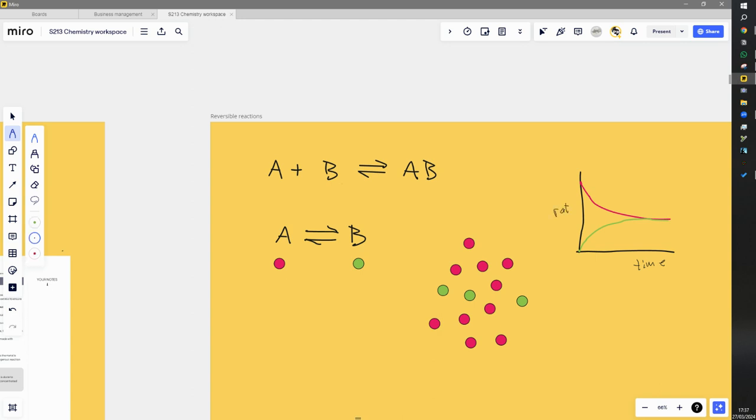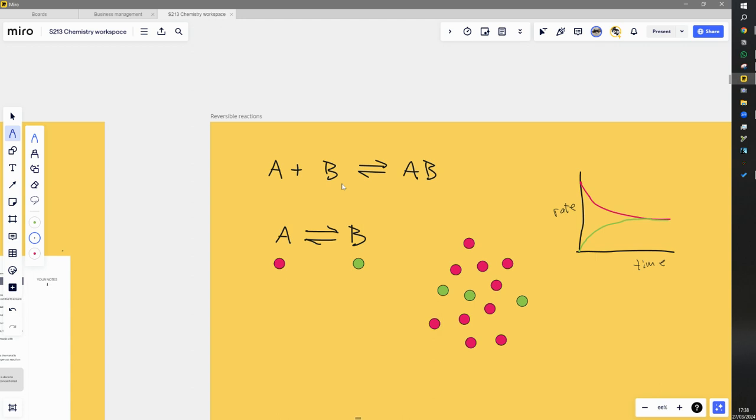So that's basically the rate of reaction. This won't necessarily be when it's 50% of each one, because sometimes it's easier for one of the reactions to happen than the other. But it is definitely true that as you increase the amount of B, the rate of that reaction increases, and as you decrease the amount of A, the rate of that reaction decreases.